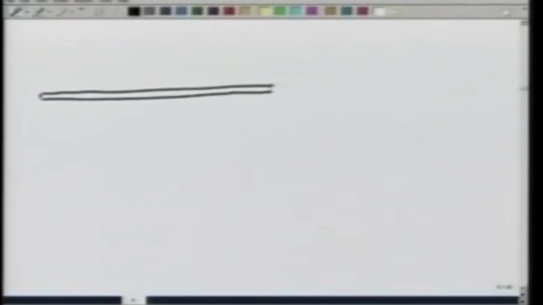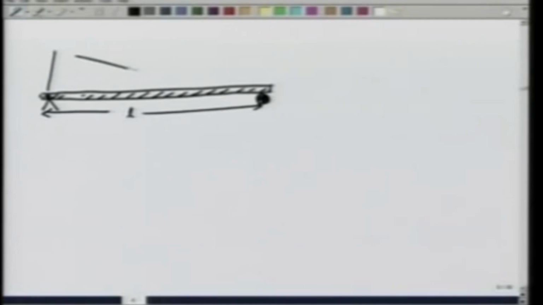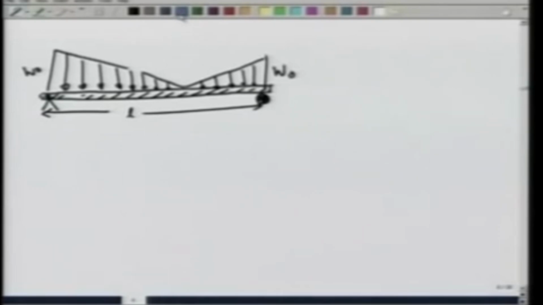So, suppose I have a beam of length L, on a roller on this side and on a pin joint on this side, and it is loaded with triangular loading like this, with these being W0, W0, this length being 2L by 3 and this length therefore being L by 3.